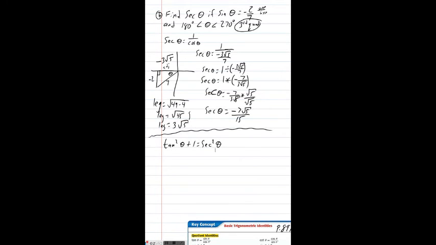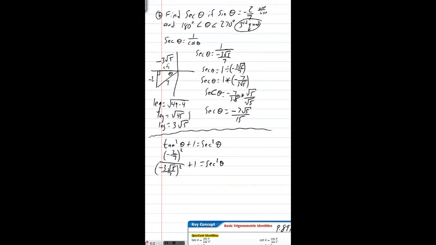So I have negative 2 over 7 squared, divided by negative 3 times the square root of 5 over 7, also squared, add 1 equals secant squared theta.